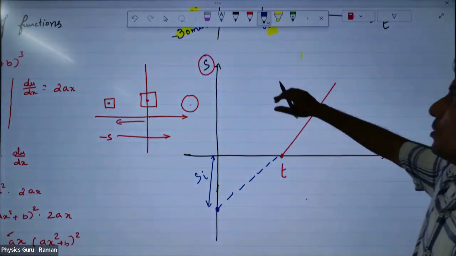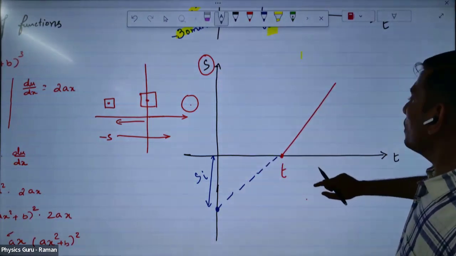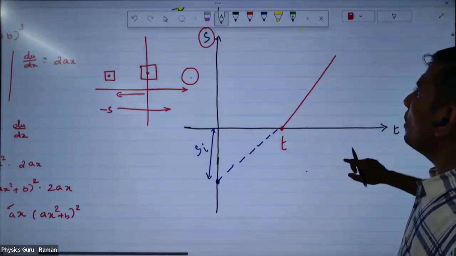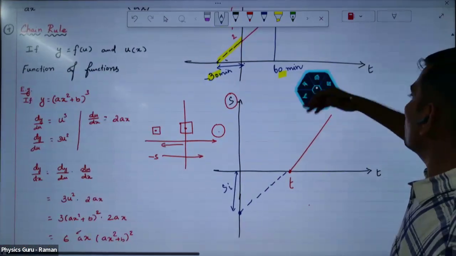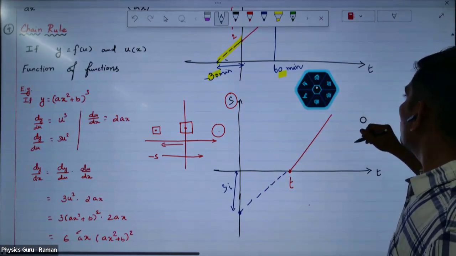Got the idea? X-axis intercept and Y-axis intercept. These are very interesting ways how you can explain some functioning of the graph.